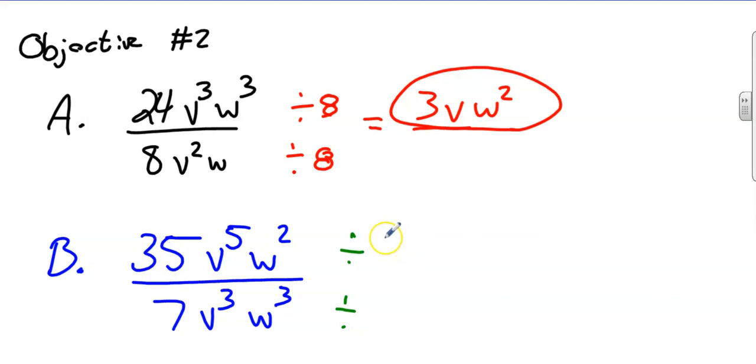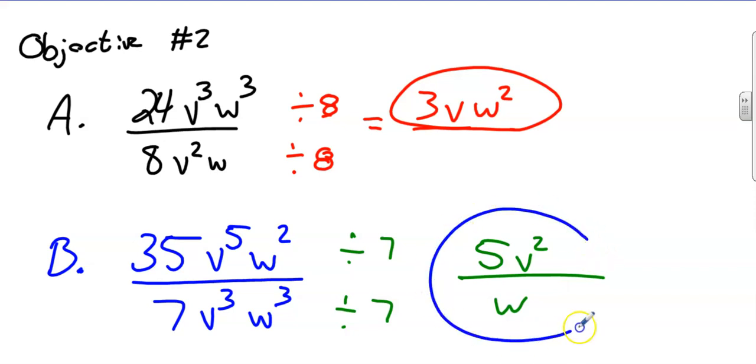Okay, 35 and 7, you can divide them both by 7. So that would make it 5 over 1, so don't really have to have the 1 there. Start subtracting the exponents, v3 and v5, that'll leave you v squared in the numerator. w squared and w third, you'll have 1w left over, and there's nothing else in the denominator, so that would wind up being your final answer.